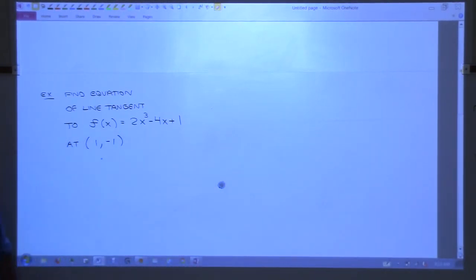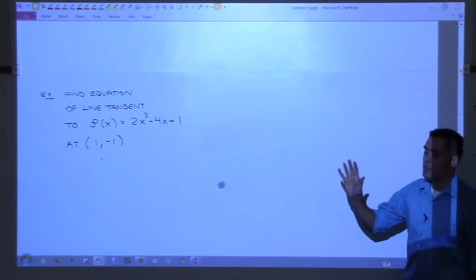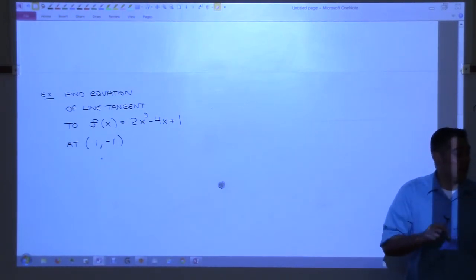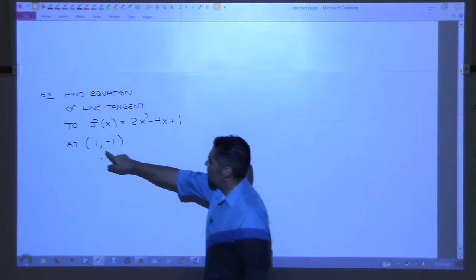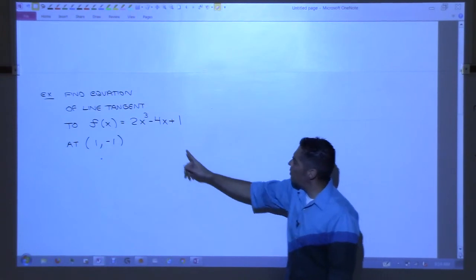All right, so at this point, do we know what anything is in our formula? Where are we trying to find the slope of the tangent line? At x equals 1, right? So this is telling us the x-coordinate of the point that we're looking at. Now, does this point live on this graph?